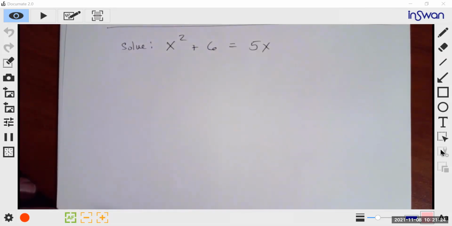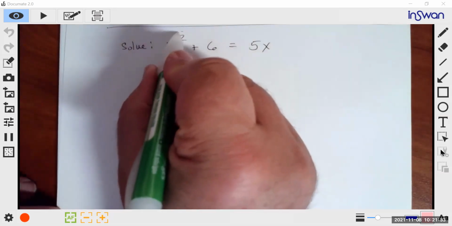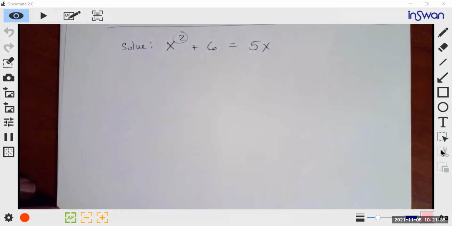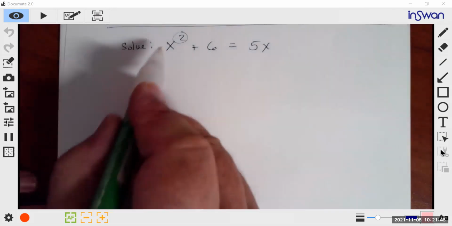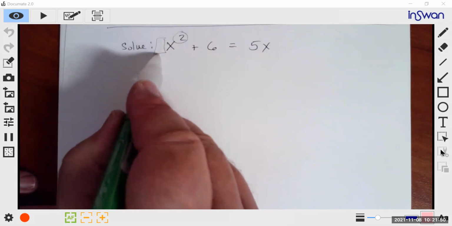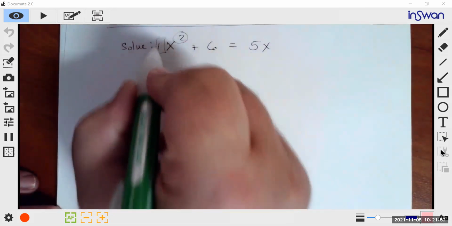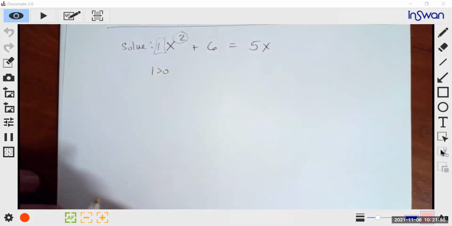What kind of equation is this? It's quadratic because it's degree 2. So what's the graph going to look like? Pointing up or down? Why? Because the coefficient of x is positive. Yeah. Because there's a 1, and 1 is greater than 0.